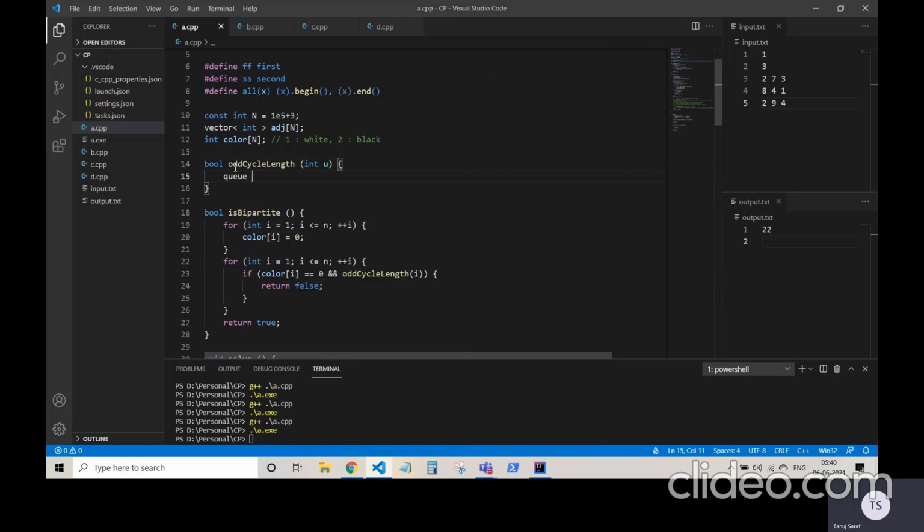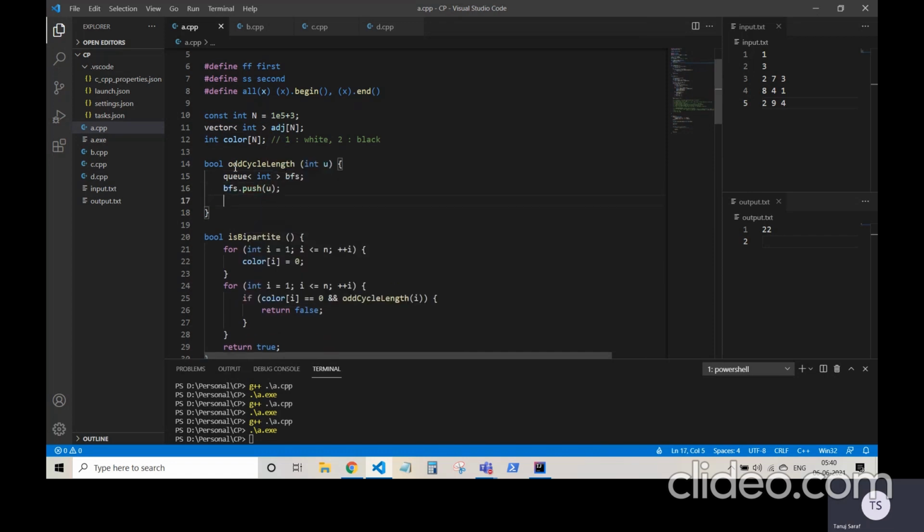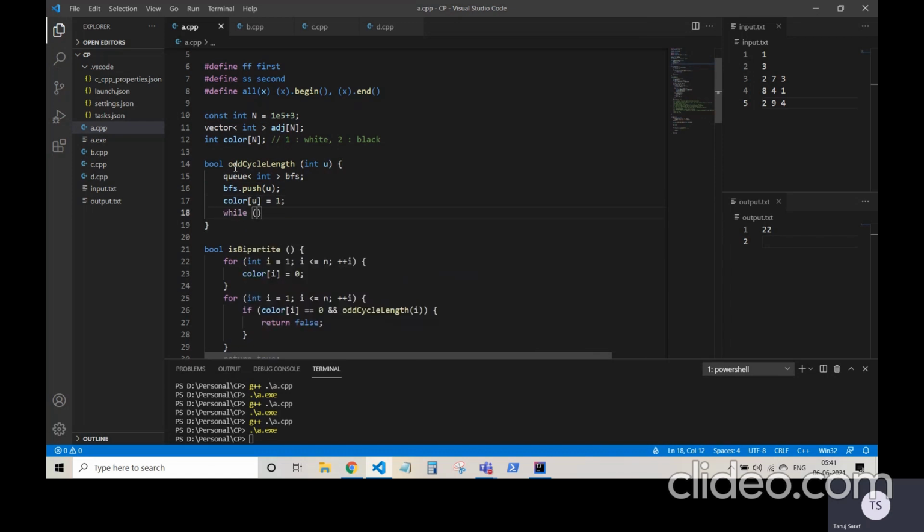So we maintain a queue as in BFS, and in this we push the vertex U and arbitrarily assign the color of U as, let's say, 1, which is white.